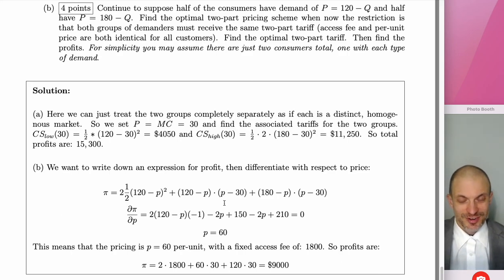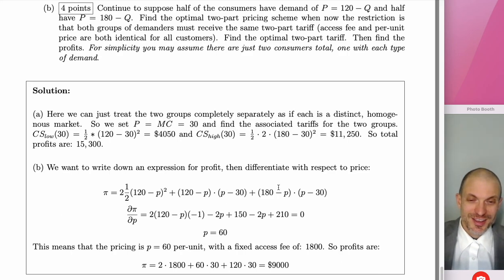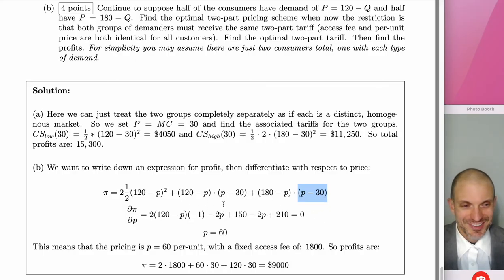And then the derivative of this -1 times the second. And then the same thing over here, 180 minus p, times the derivative here, which is just 1, and then the derivative of the first one right here is -1 times price minus 30. Okay. Once you do that, collect like terms, you'll solve and you'll get a price of 60.